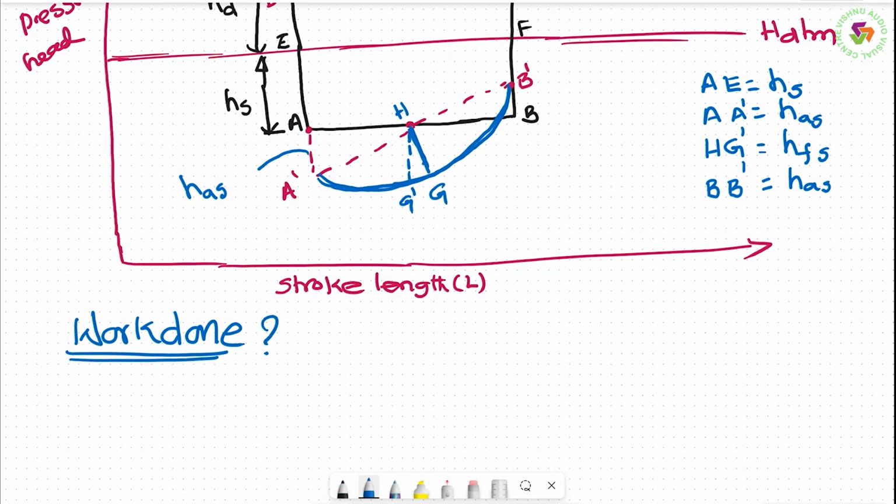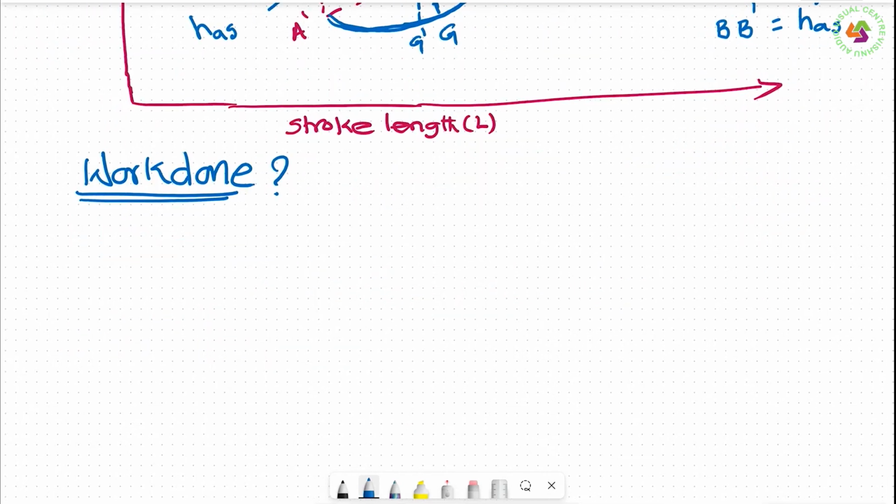So for that, first I am calculating the area of the indicator diagram.